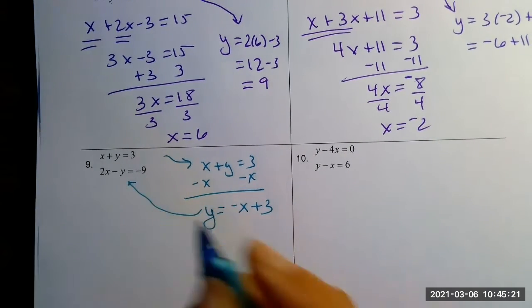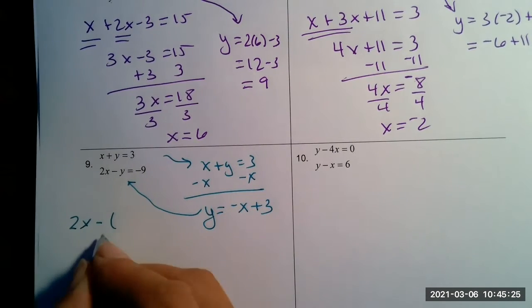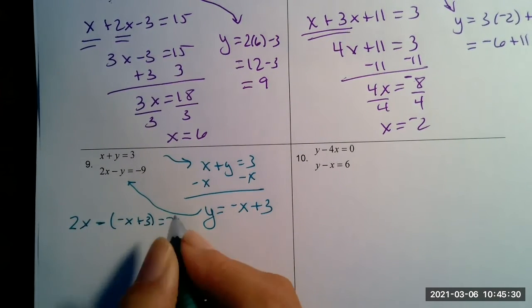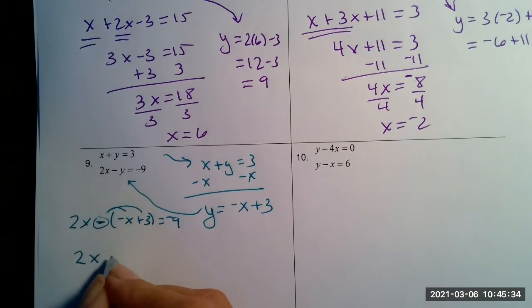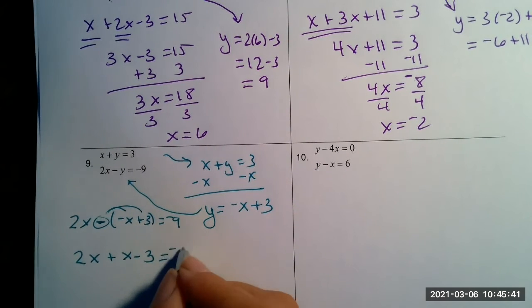Now I can substitute it in there, but still be careful because when I put it in there, that's a minus sign. You can't leave stuff out, all right? So this negative is going to distribute through. So you have 2x plus x minus 3, right? Because a negative and negative make a positive.